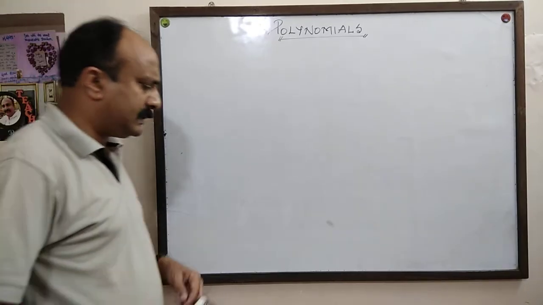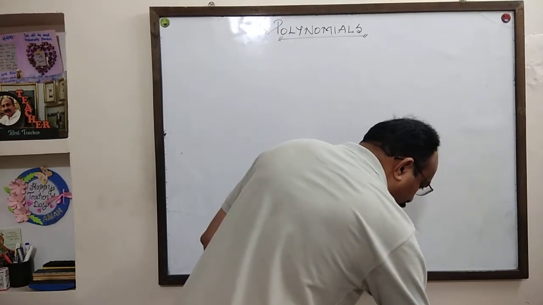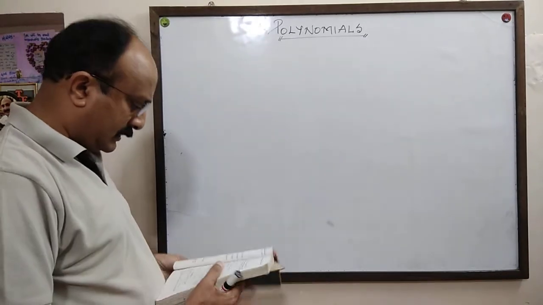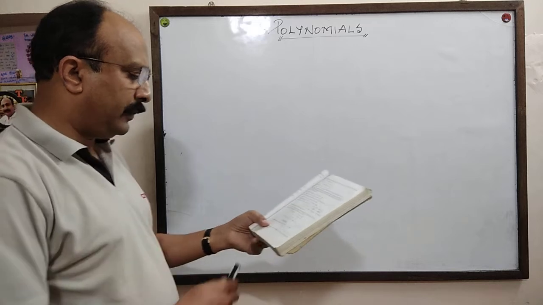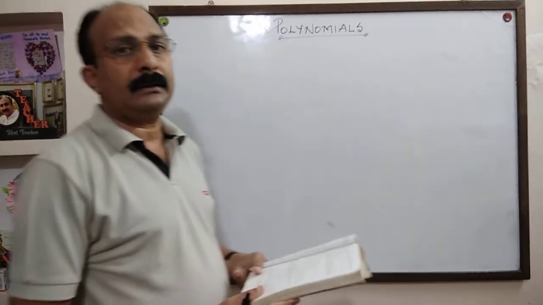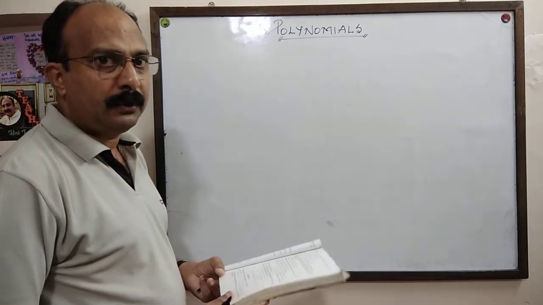The next exercise is exercise 2.4. Exercise 2.4, first question is, determine which of the following polynomials has x plus 1 as a factor. So you are given 4 polynomials below.